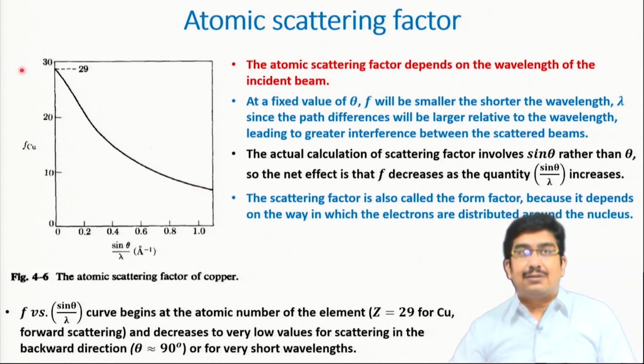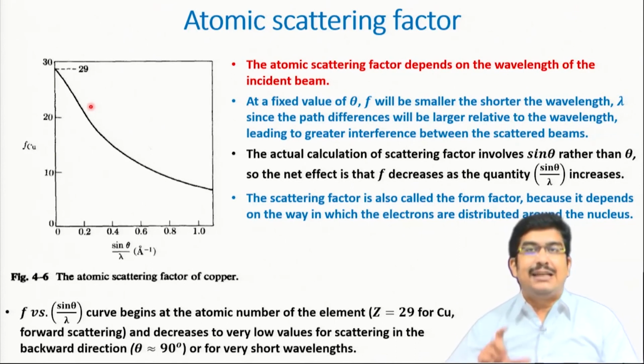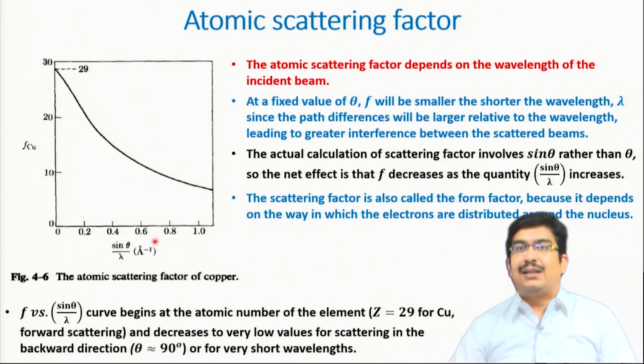The importance of this graph is that it tells you, if you consider one single atom, how the intensity of the X-ray beam scattered from that single atom varies with the angle that the scattered beam makes with the incident beam. That is what is shown by this graph, and that is its importance.